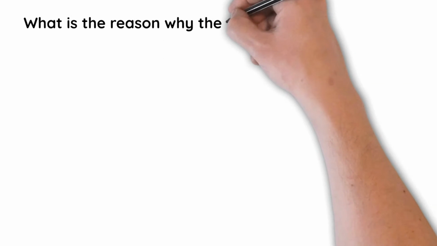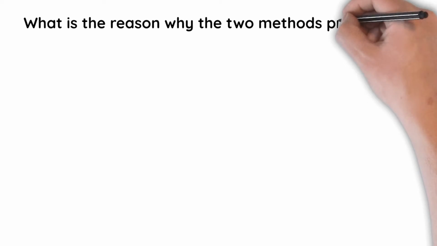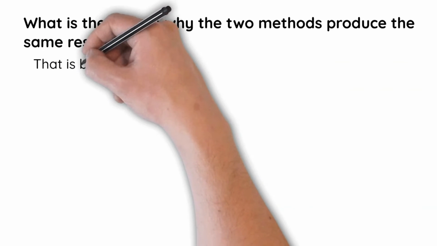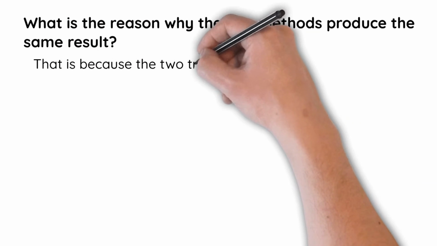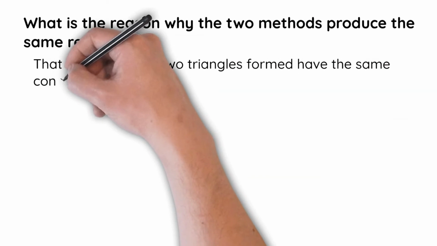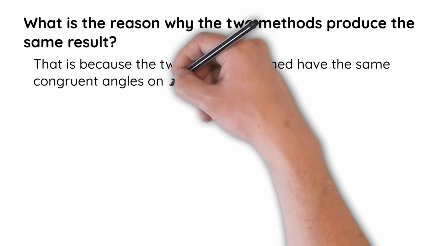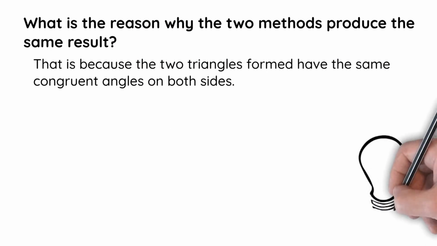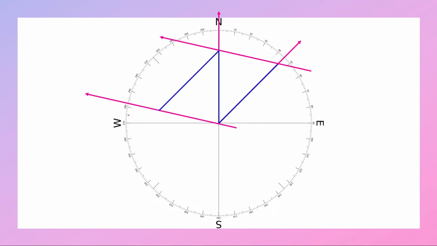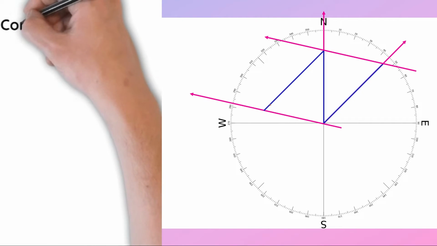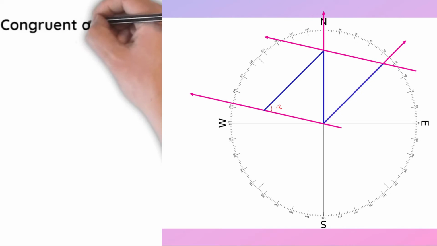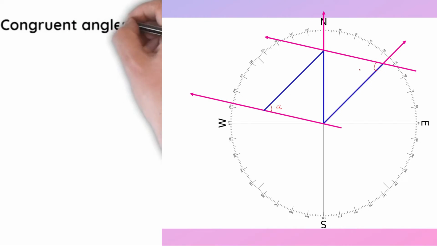What is the reason why the two methods produce the same result? That is because the two triangles formed have the same congruent angles on both sides. Congruent angles.